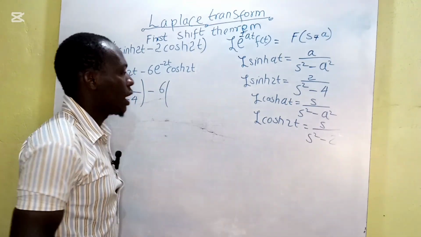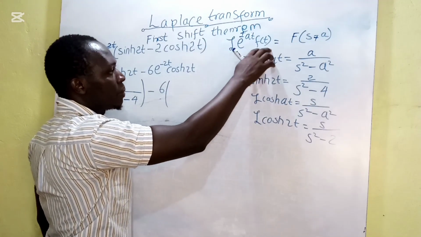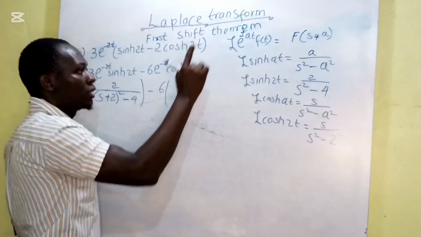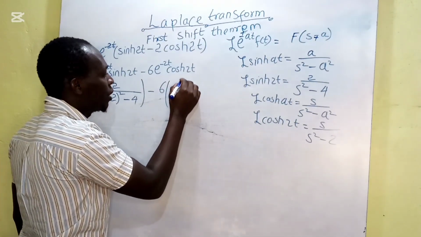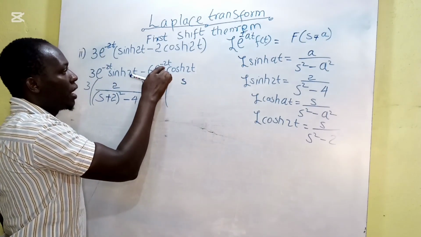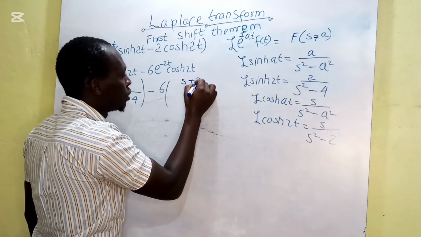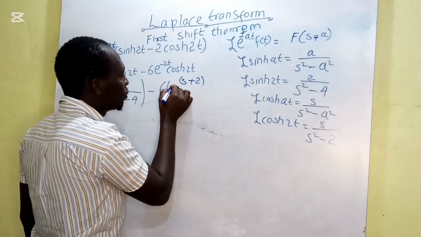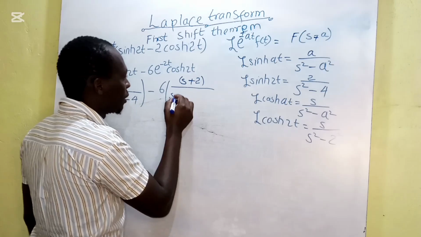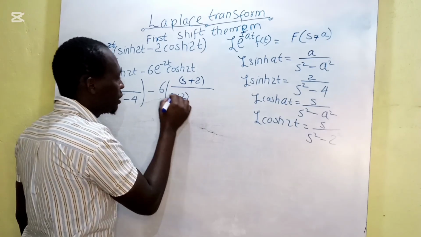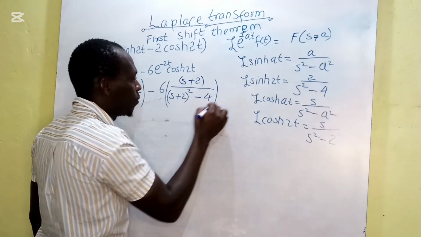Let us now do our shifting here, because we first got the Laplace transform of our function f of t. Now to the term of s, we are going to have s, and here we are having a negative of 2, so we shift with respect to a positive of 2, all over s add 2, and this is what we refer to as shifting. We subtract 4.